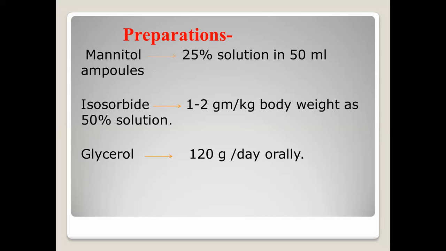Then second, their preparations. Read the preparations of osmotic diuretics. Mannitol ampoules, 25% solution in 50 ml. Isosorbide, 50% solution, 1 to 2 gram per kg body weight.